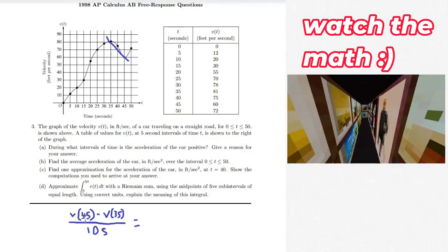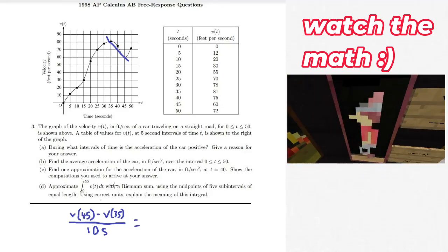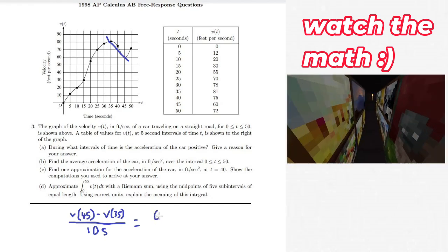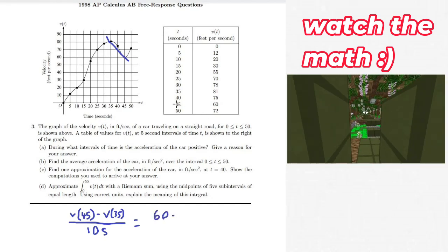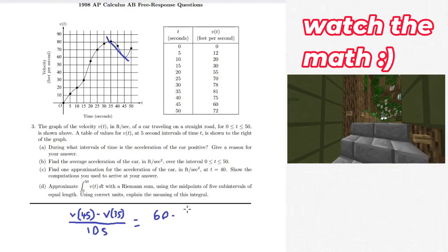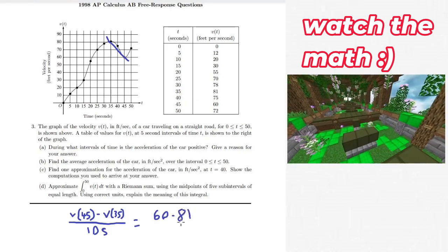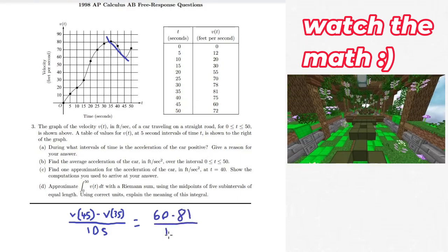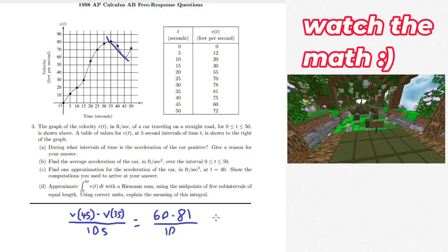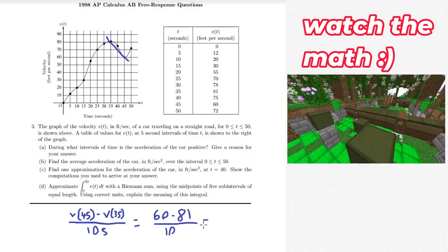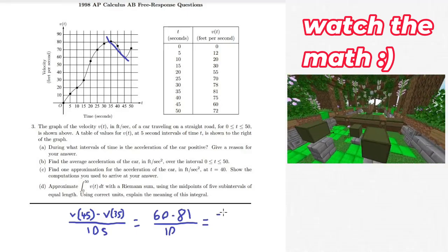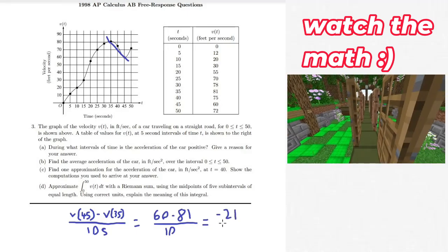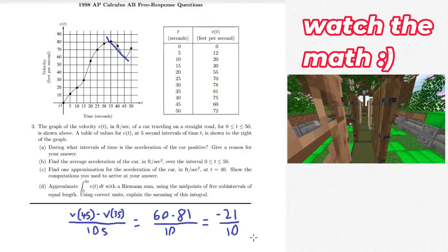Is going to be equal to, let's see, V45 is 60 minus V35 is 81 divided by 10, and I'm just going to leave units off for now, it makes it a little easier for myself. And now we have negative 21 tenths as our answer.